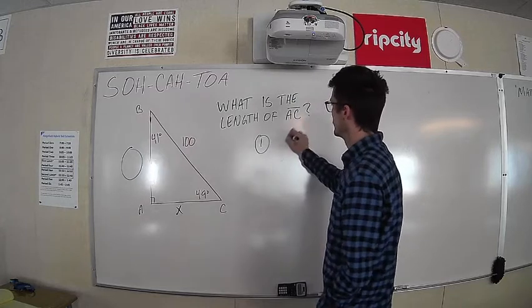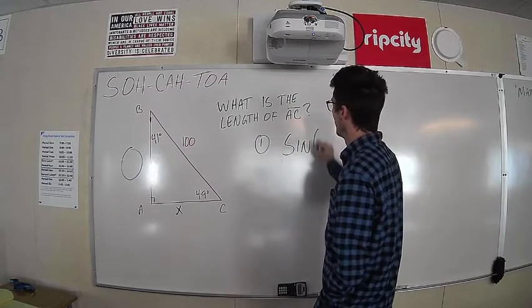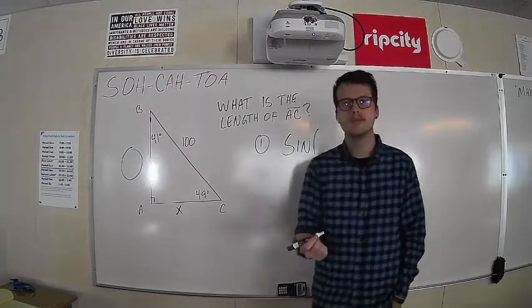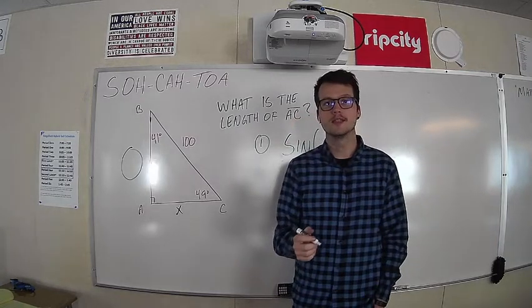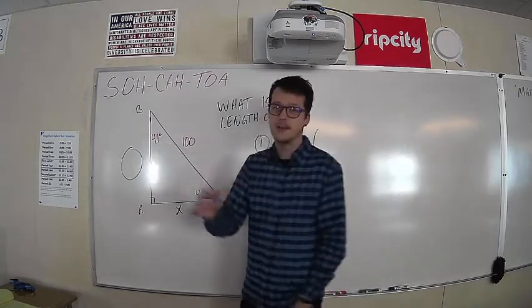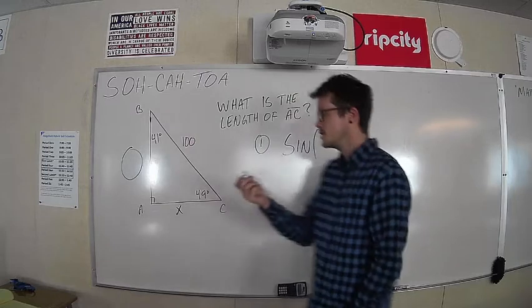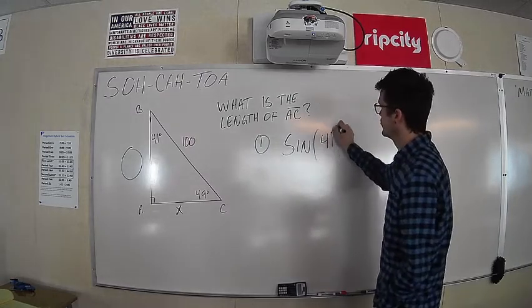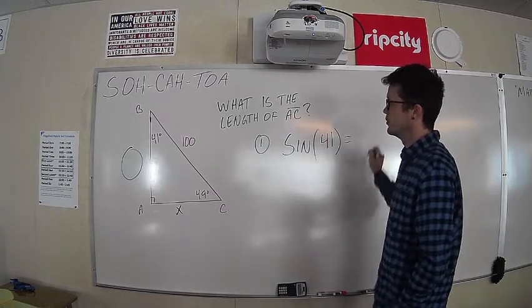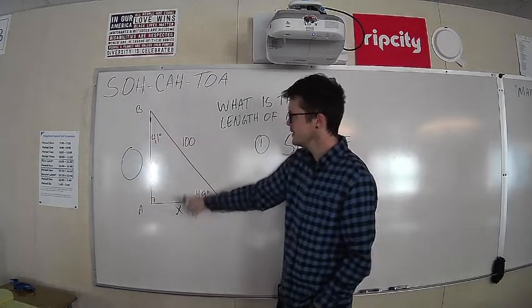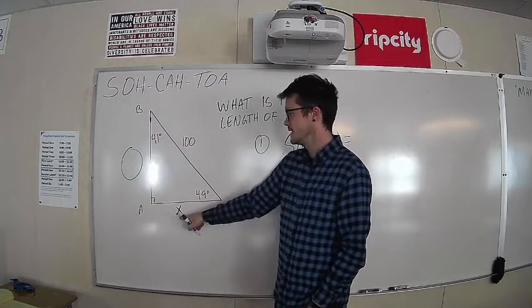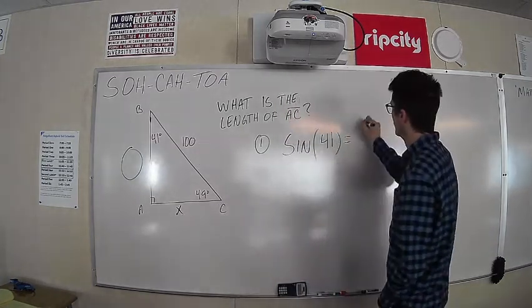We know the angle measure is 41 degrees, so I'm just going to plug that in right away. The sine of 41 degrees equals, again, opposite over hypotenuse, so in this case, X over 100.